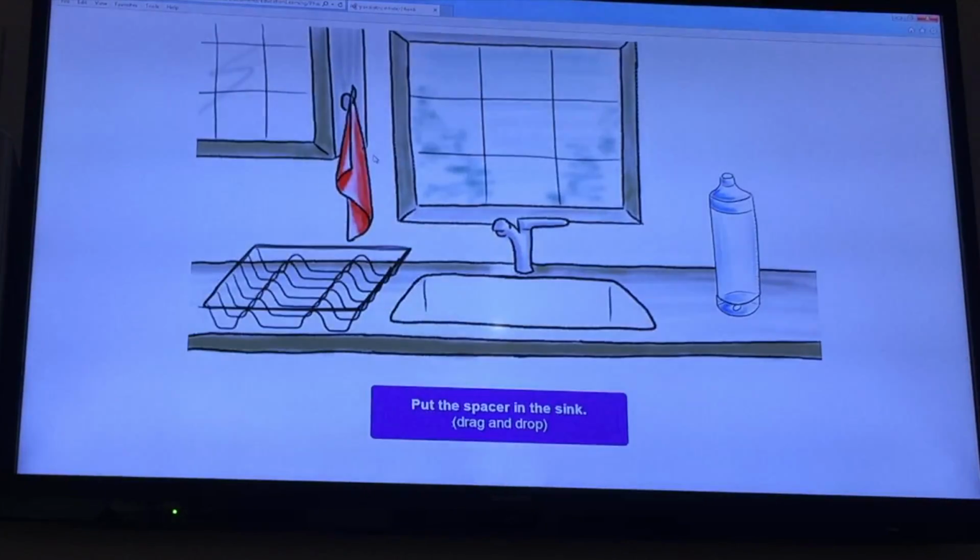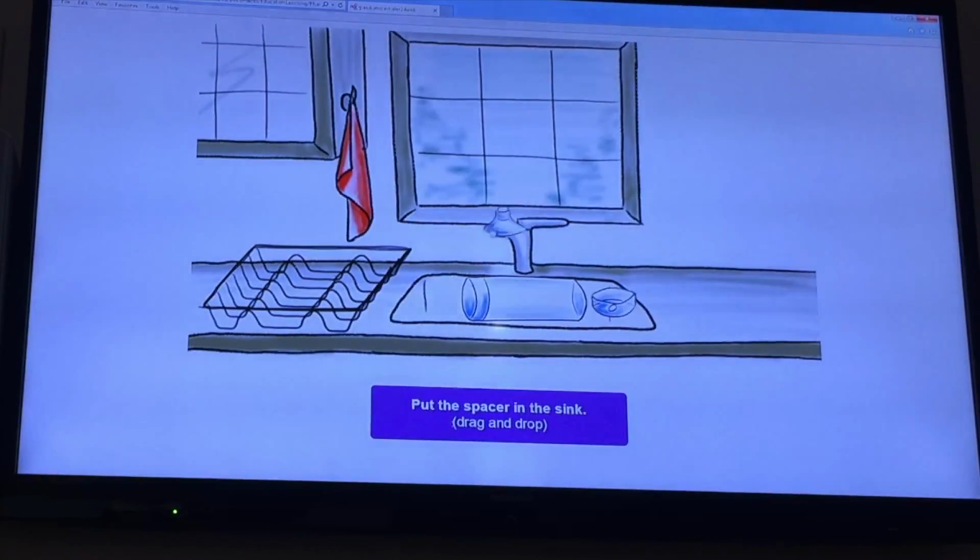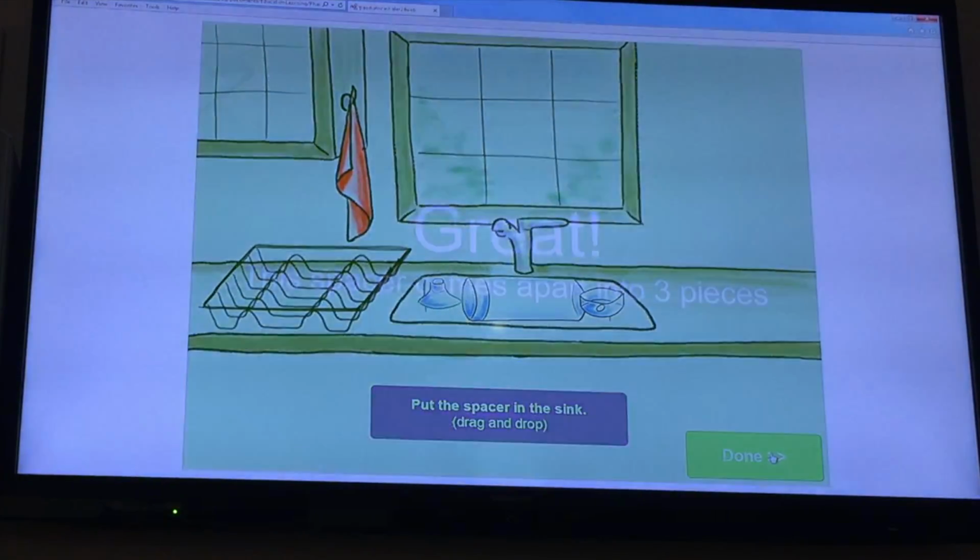If you go to test yourself, on the touch screen we'll be dragging and dropping all the components, and it's got instructions at the bottom, so it's pretty easy to understand, and it's also interactive as well.